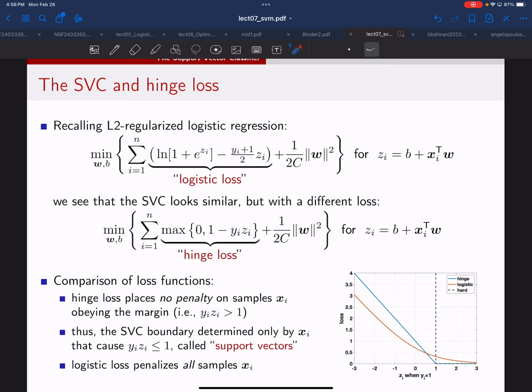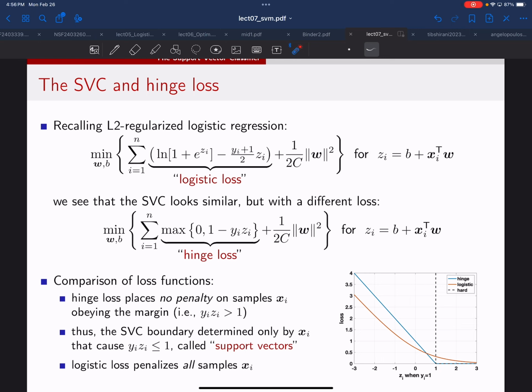So they're very, very similar. They both, if you go far over here, they both have a slope of 1. If you go far to this side, they're both very close to 0. But the difference is that with this SVC, the hinge loss goes exactly to 0 at some point. Logistic loss shrinks but never quite goes to 0.